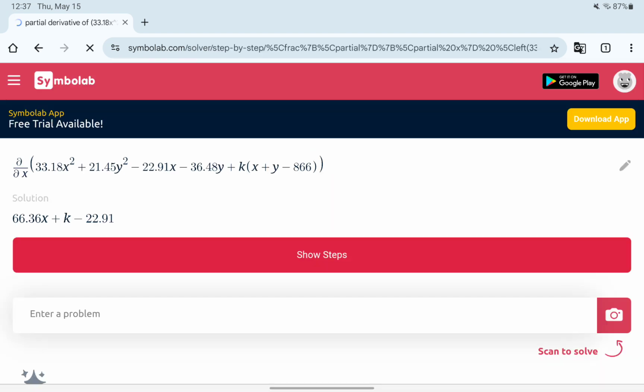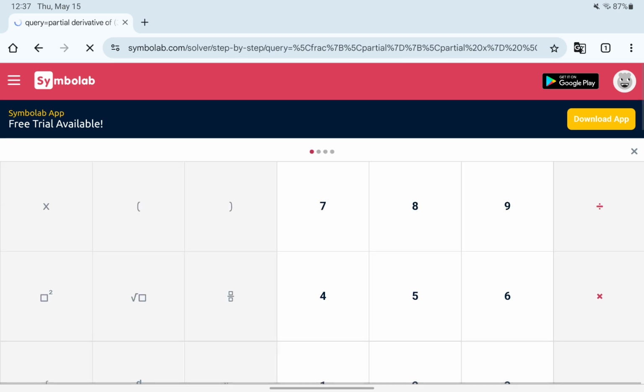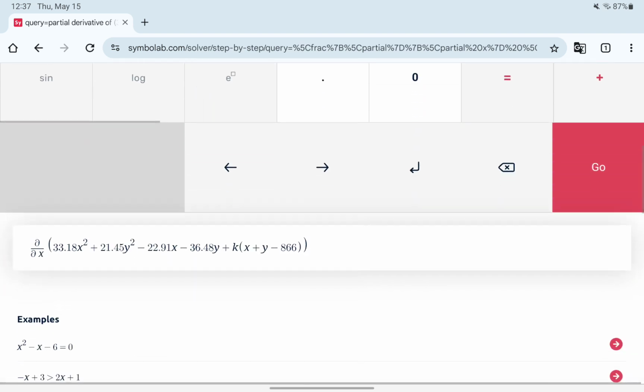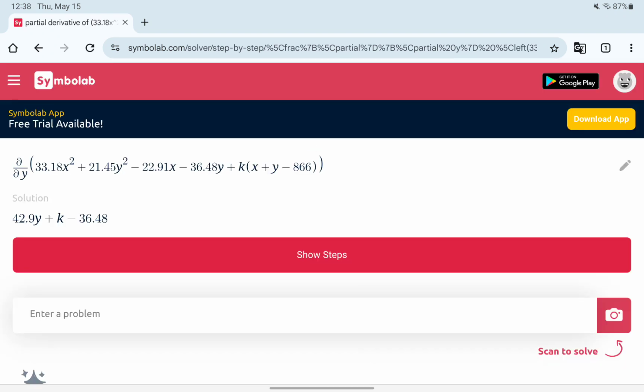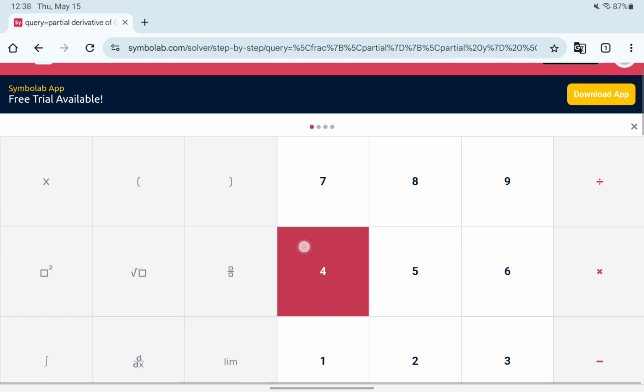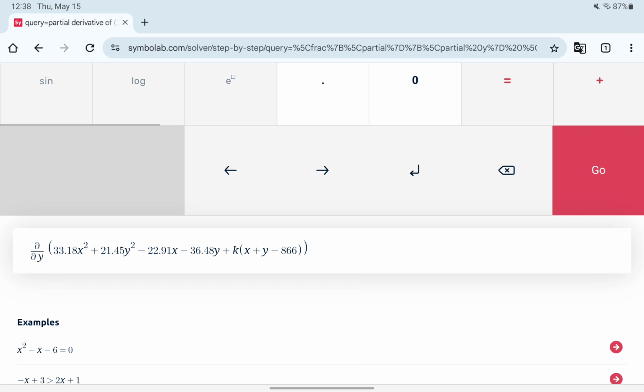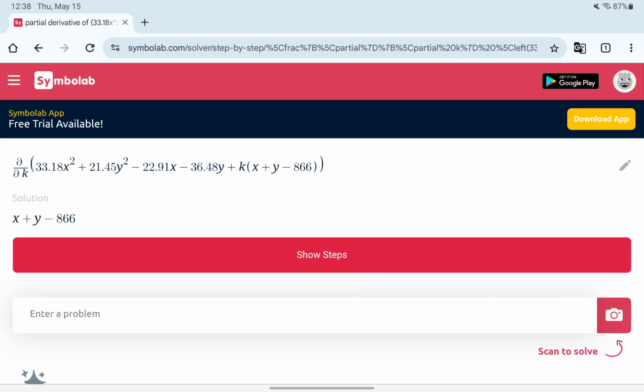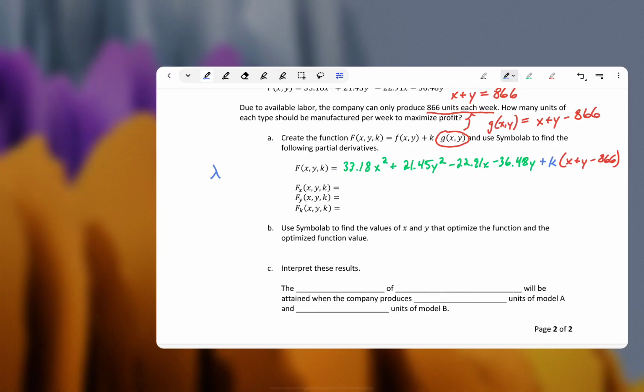We'll first find that first partial derivative with respect to x. Then we can go back to what we already input, and if we click in that delta over delta x notation, we can change that to delta over delta y to find the first partial derivative with respect to y. And then we can do the same thing by changing that to k. We'll find the first partial derivative with respect to k, and record each of those results along the way.